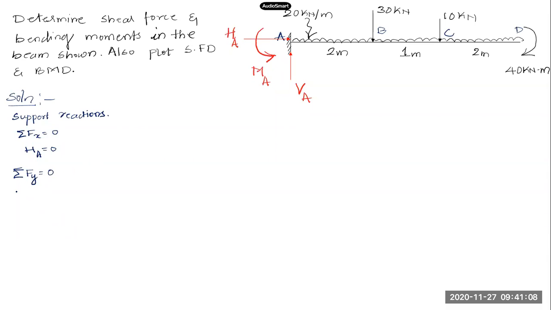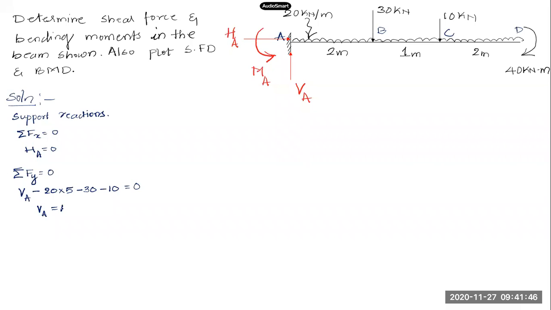If I take that, what I have is VA, vertically upward force, minus 20 into the distance, 2 plus 1 plus 2, 5 meters, 20 into 5, and these two loads, minus 30 minus 10 kilonewton, which are acting in downward direction. This should come out to 0, so VA will be equal to 100 plus 30 plus 10, which is 140. So VA will come out to be 140 kilonewtons.